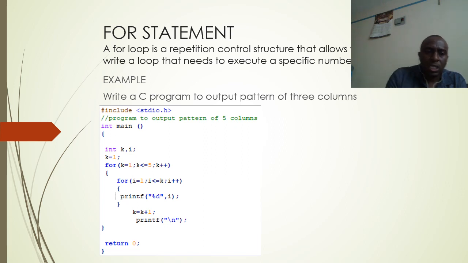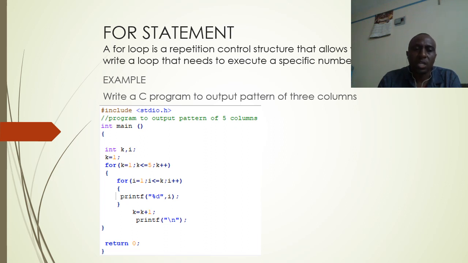Here you declare the variables k and i, whereby k will carry the rows and i will carry the columns. So here we initialize where we are beginning. The k should begin from 1. So for k is equal to 1, k is less than or equal to 5, k plus plus. So we are giving it a conditional limit where it should execute up to 5.